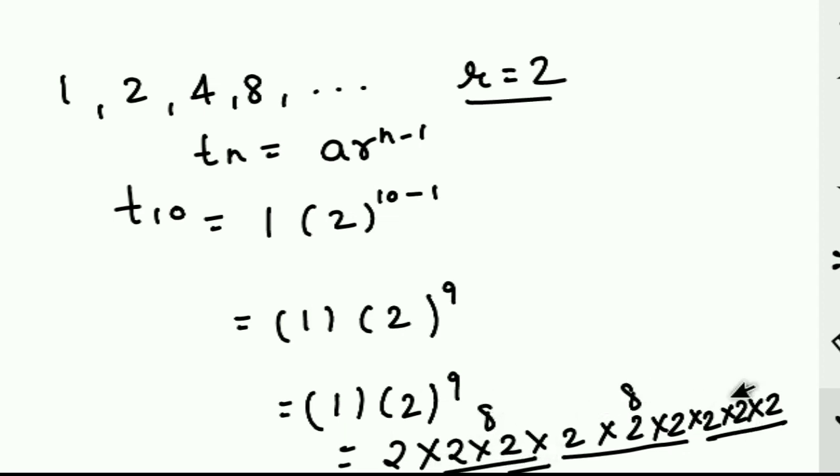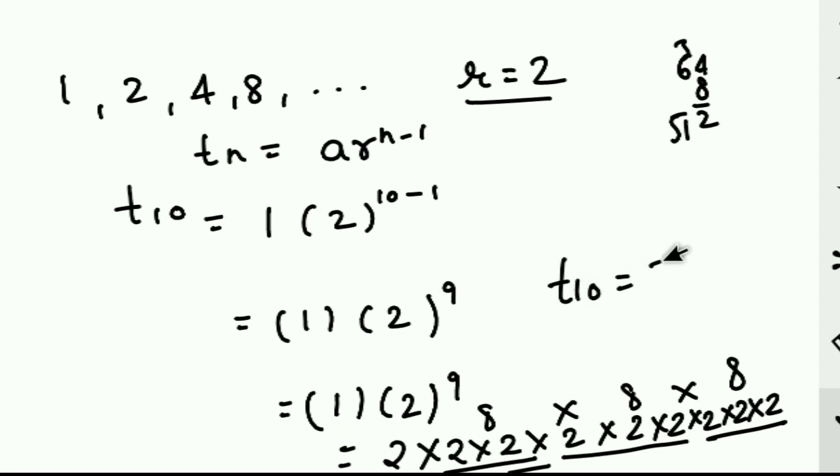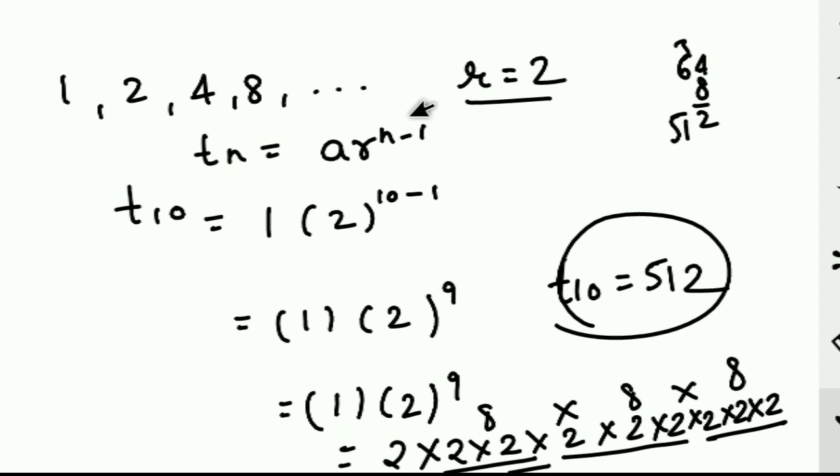This is also 8 and this is also 8. If we multiply again, what do we get? 8 eights are 64, and 64 eights is what? 8 fours are 32, and 8 sixes are 48, 49, 50, 51. So we got the 10th term as 512. This is the 10th term of this GP.